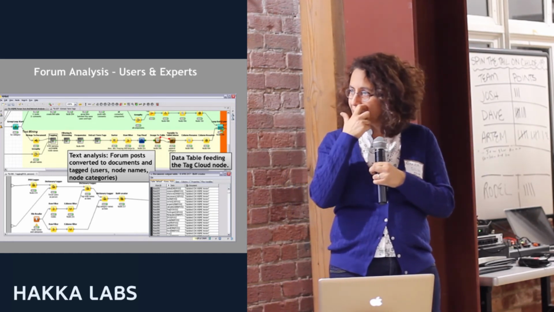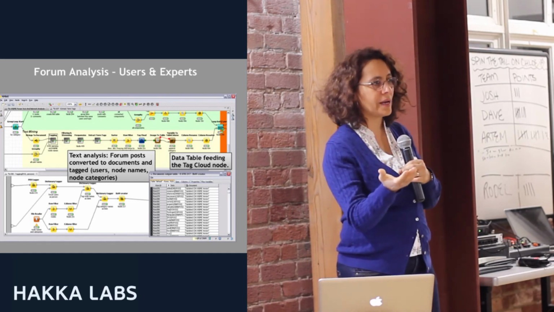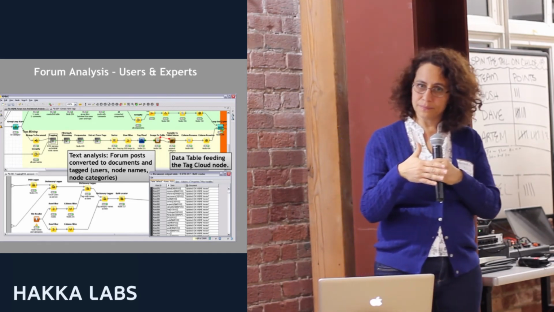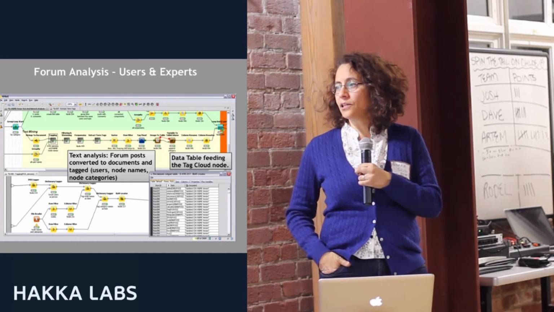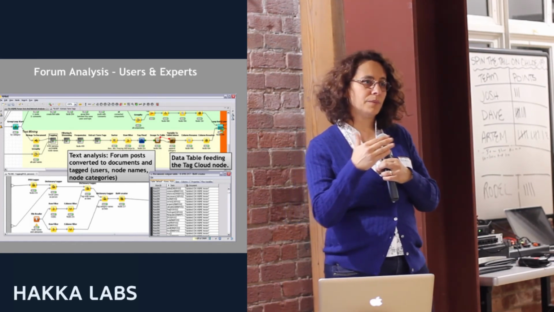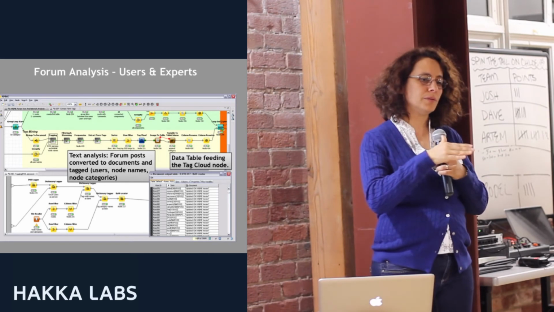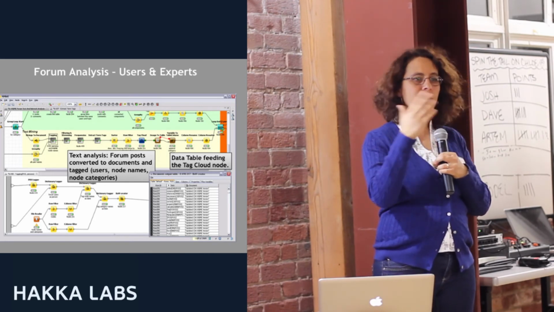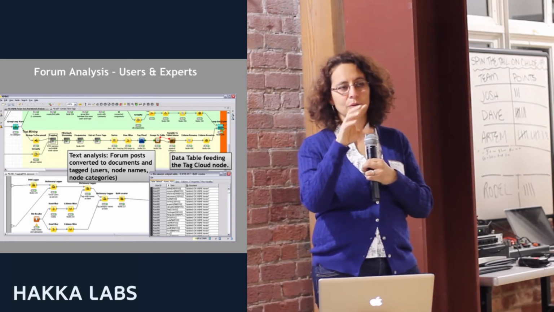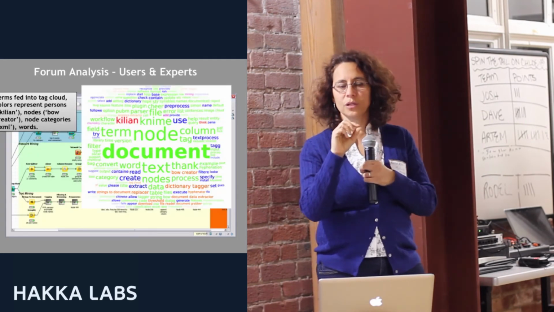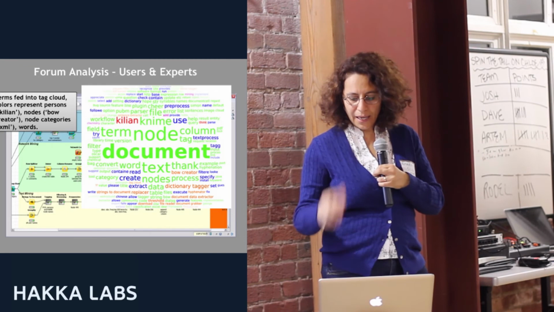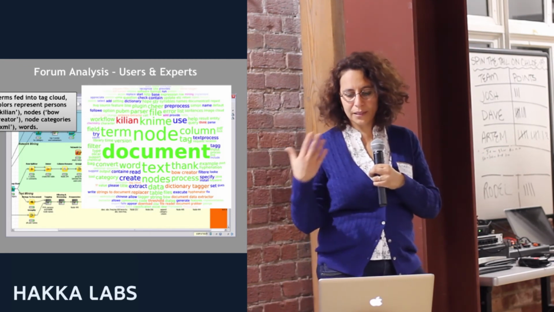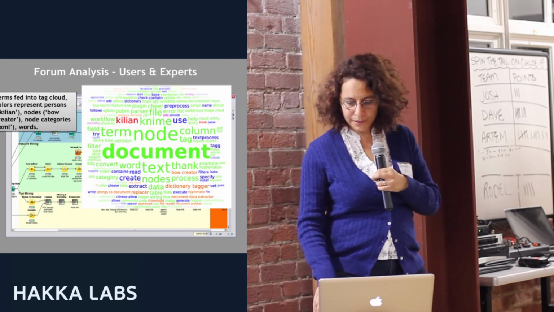So I used the tagging, for example, to tag people who were answering and people who were asking. I used the dictionary tagger also to distinguish names from topics in the tag cloud. You remember Kilian was red and the document was green. So there was a bit of tagging involved to make the tag cloud a bit more significant.